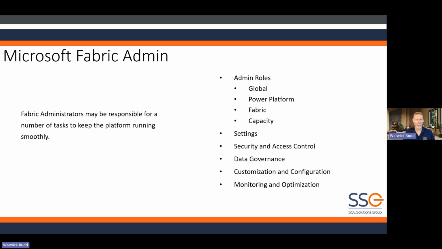So from that administration side of things, we need to be able to understand how we go about managing this environment. So from an admin role, there's a couple of different roles that you may be granted. And we mentioned these a couple of slides back around what role you need to be able to, one, enable Fabric in your organization.